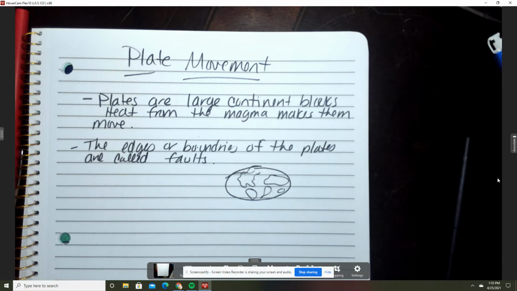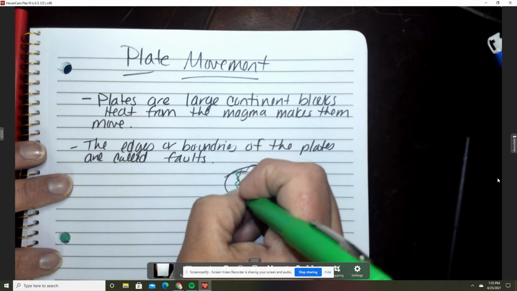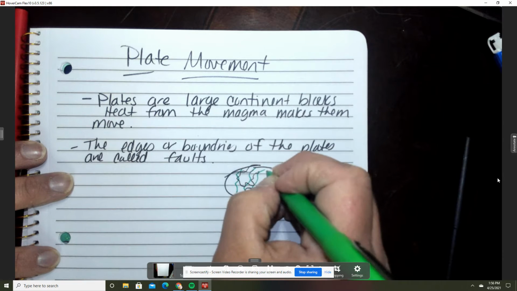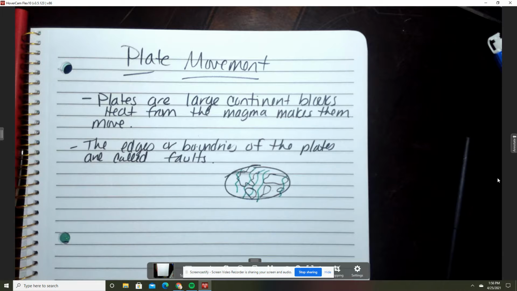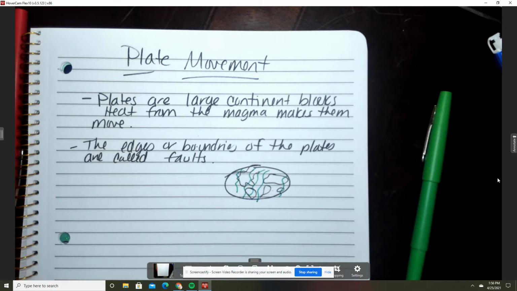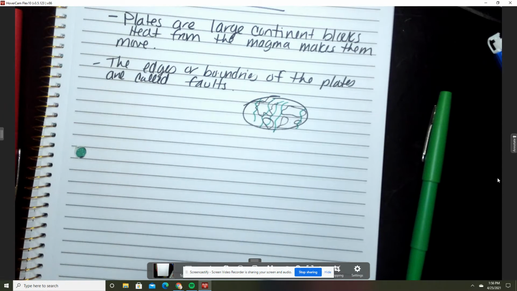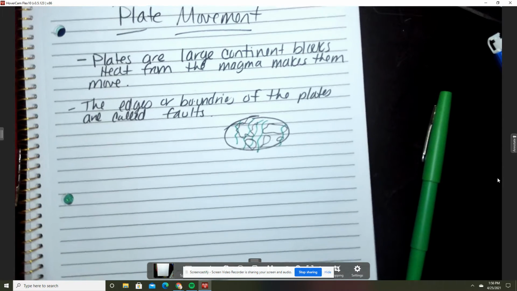So then you've got all these plates here, right? And that's the continental plates. It's just like the whole earth is broken up into those. All right, so the fault line is the edge of the plates where they meet. And so there's 3 different types of plate boundaries that I want to talk about.